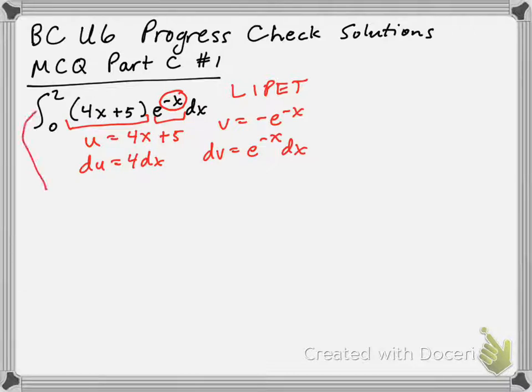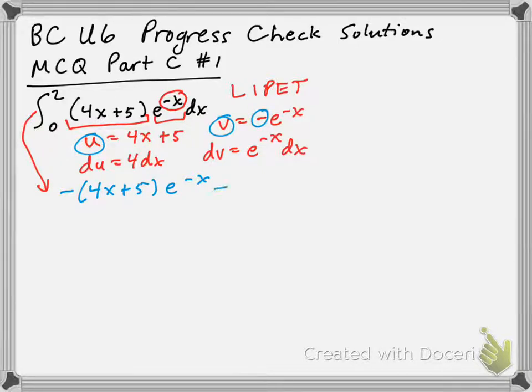So therefore, the integral can be written as uv, so we have u times v. That's negative (4x plus 5) e to the negative x. I just brought that minus sign out to the front.